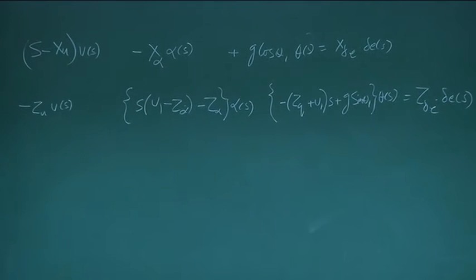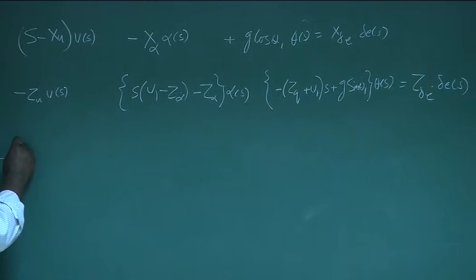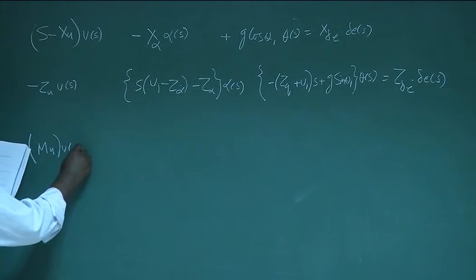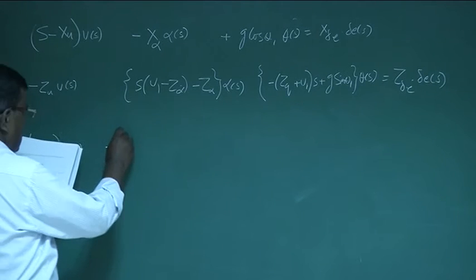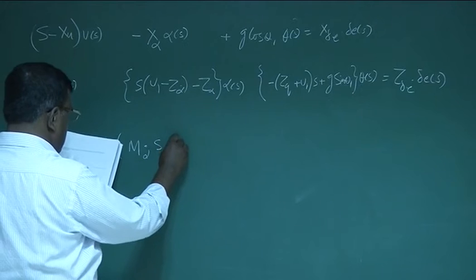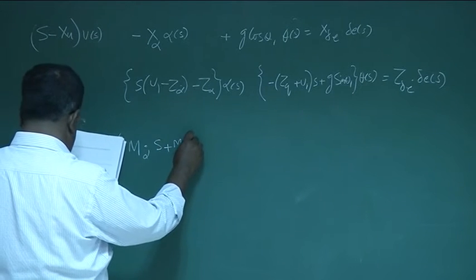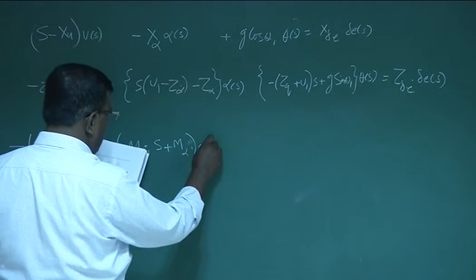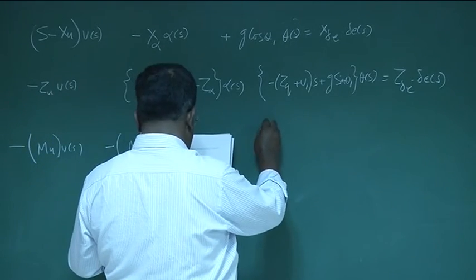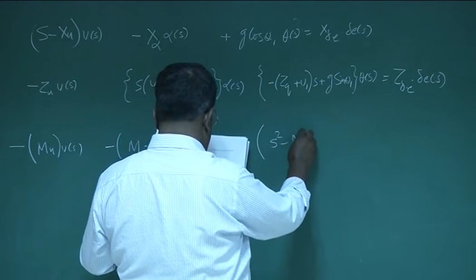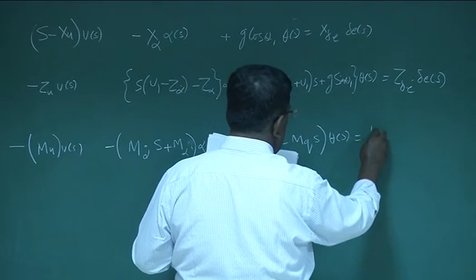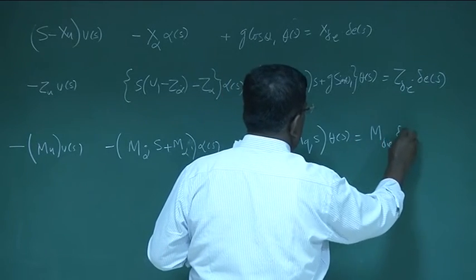And the third equation will become minus m u into u of s minus (m alpha dot s plus m alpha) into alpha of s, then (s square minus mq s) theta of s equal to m delta e into delta e of s.